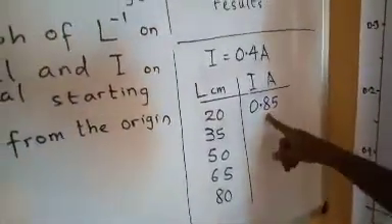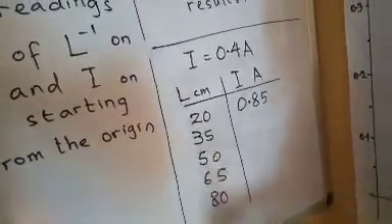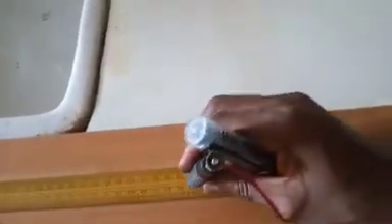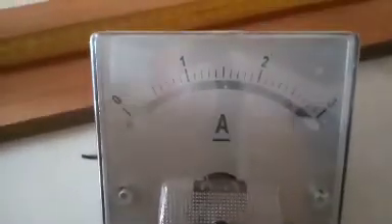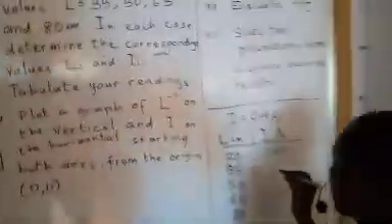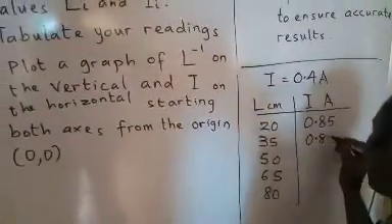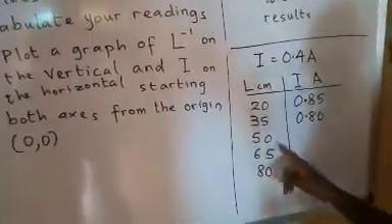That is what I have here. Then for the 35, I have 0.80. Now for the 50.